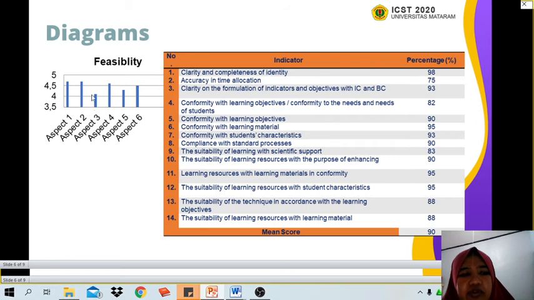Aspect 3 is above 4, aspect 4 is above 4.5, aspect 5 is above 4, and aspect 6 is 4.5. You can see that all six aspects are above 4, and this is the percentage of the total feasibility. All indicators are above 75%.